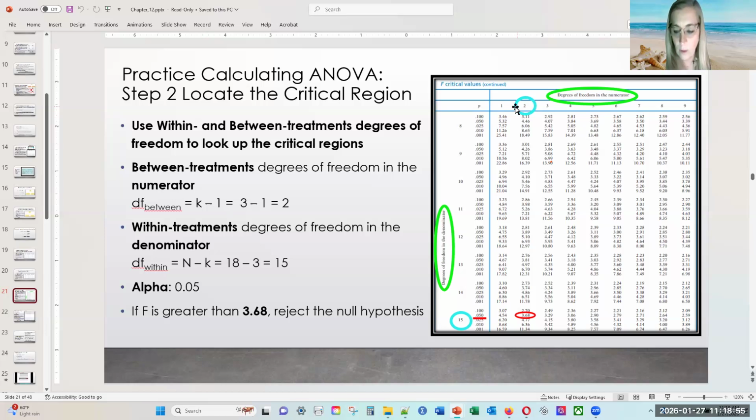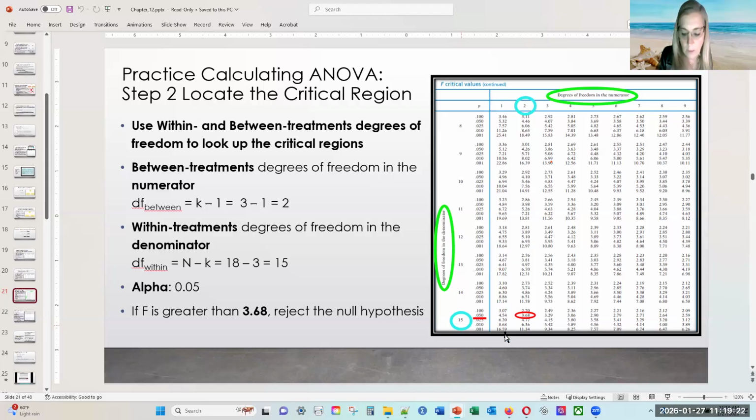That's what's up here on the top, which is kind of convenient, because it will help you remember that the numerator, the top, is the degrees of freedom between. And then, of course, the within treatments is the denominator, right? So we found that the numerator is 2 and the denominator is 15.